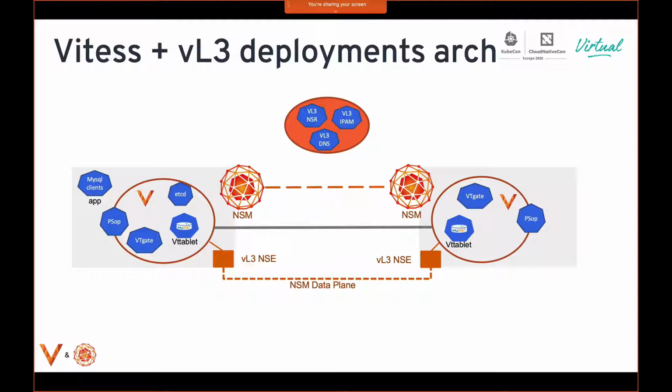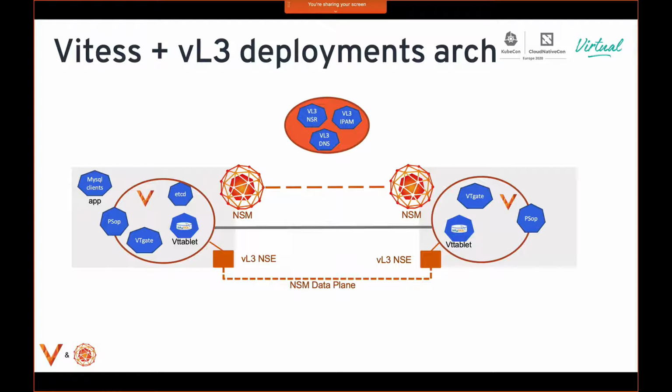In this example, the PlanetScale operator deploys VT-Gate and VT-Tablet in both clusters, but etcd in a single cluster. The VT-Gates can reach any VT-Tablet, so that fulfills your data location use case, since you can localize shards or tables according to your location regulations.